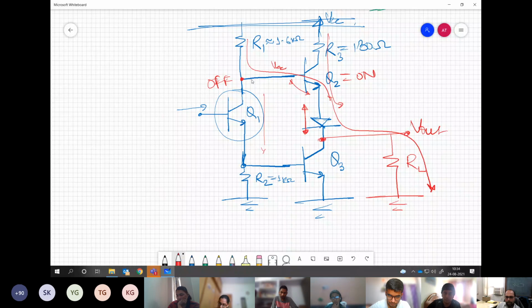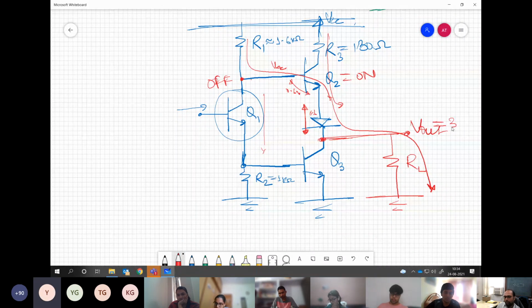So VCC is at this point, then this is 0.6 volt, then this is 0.6 volt. So how much is the voltage at this point? Something like 3.8 volts, isn't it? See, 0.6 and 0.6 are dropped out, right? What is remaining over here?